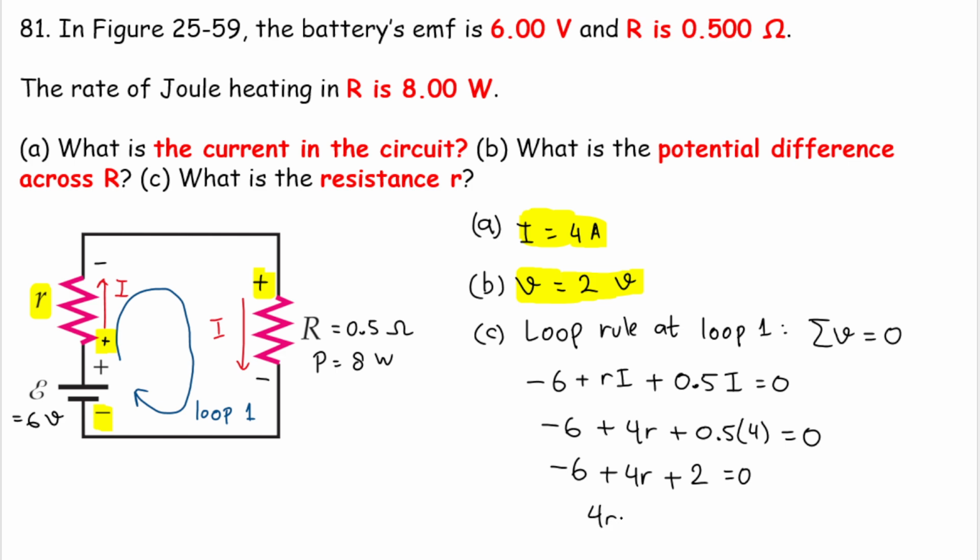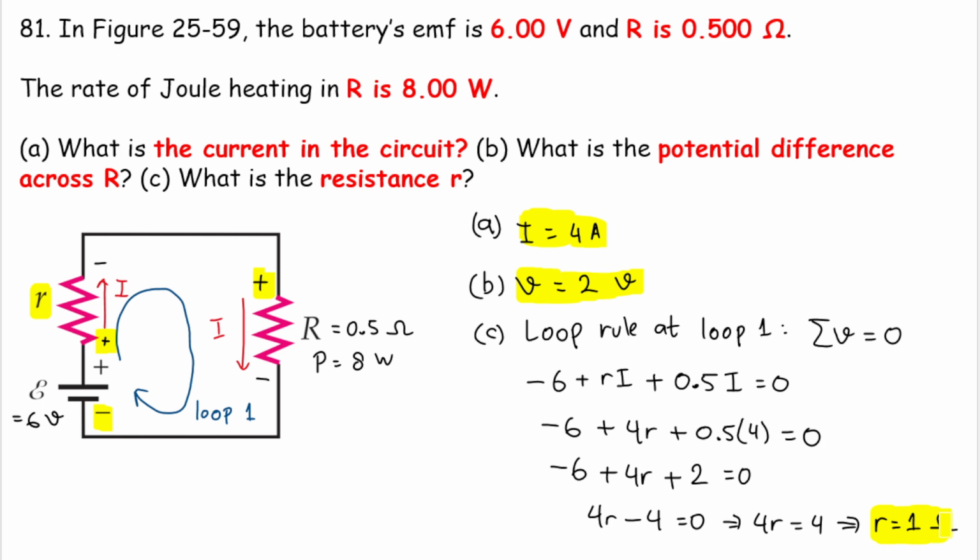So we have 4R minus 4 is equal to 0, and so 4R is equal to 4, and so R is equal to 1. The unit here is ohm. And that is the internal resistance of the battery, small r.